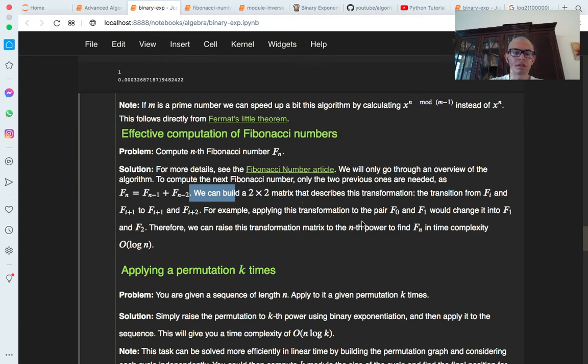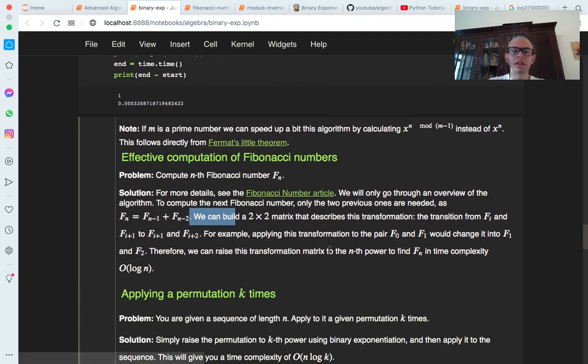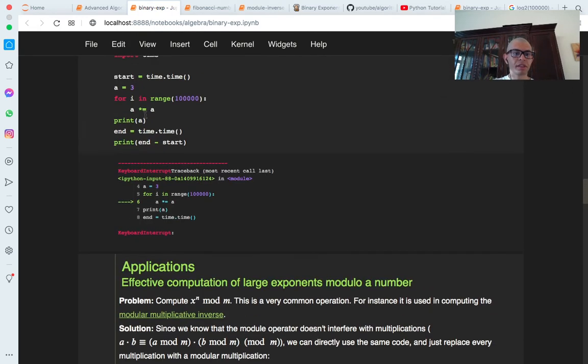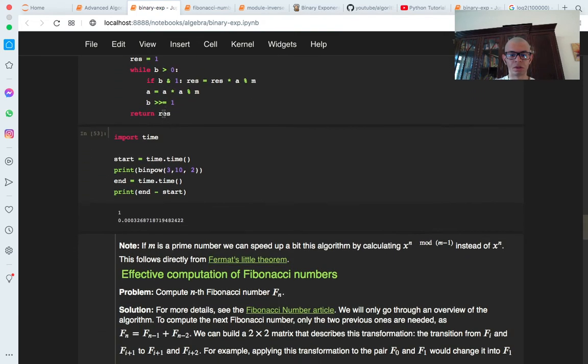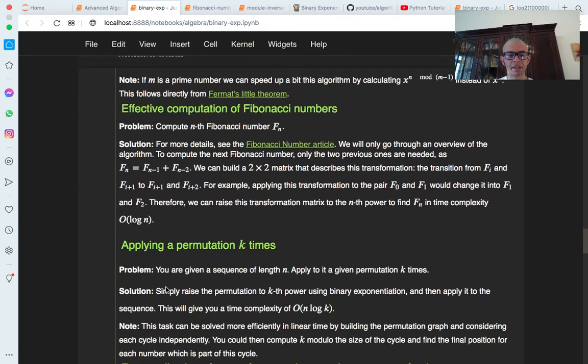Instead of computing all those very complicated loops to find the power, we can just raise it to this power in log n time.